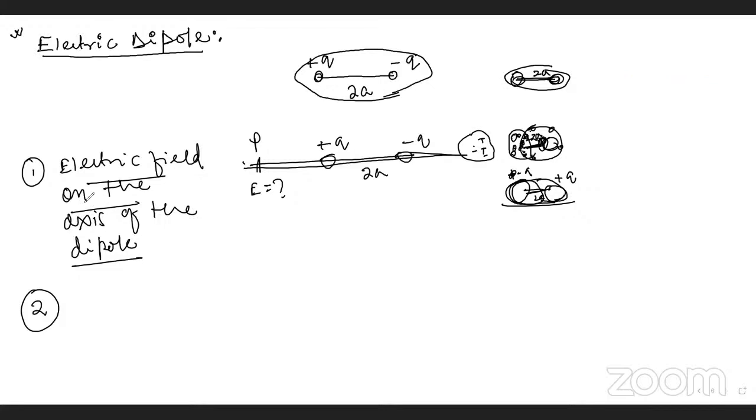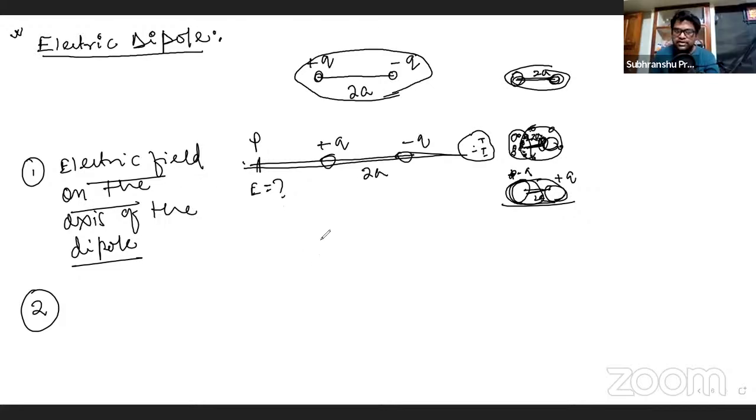So what is the equatorial case? Axial case is on the axis, where we find the electric field at a point on the axis. For the equatorial case, suppose this is your plus q and minus q, two charges, and the distance between them is 2a. Equatorial is the perpendicular bisector. At any point on the perpendicular bisector, you are supposed to find the electric field.